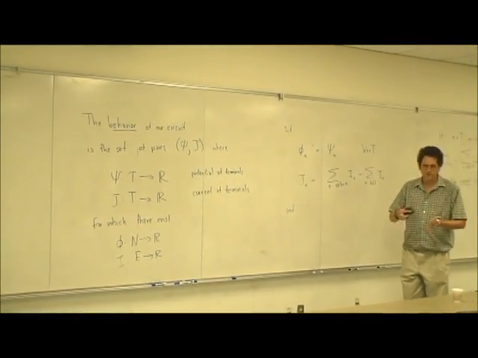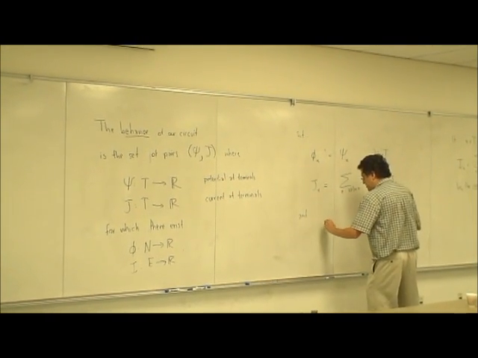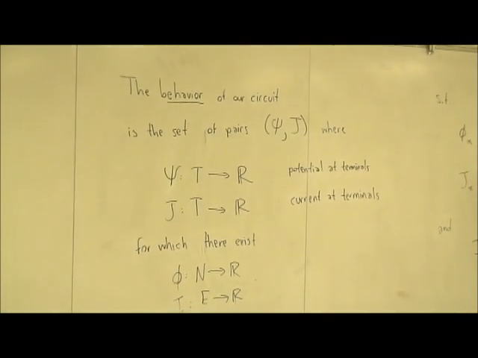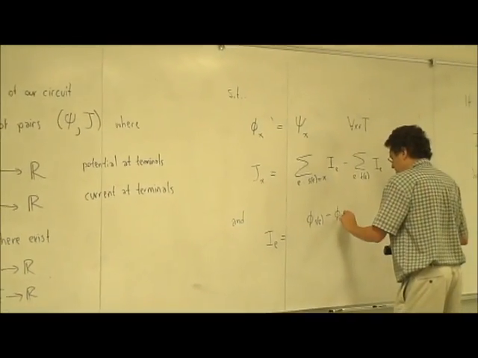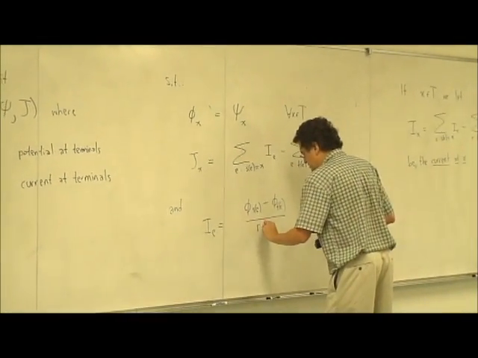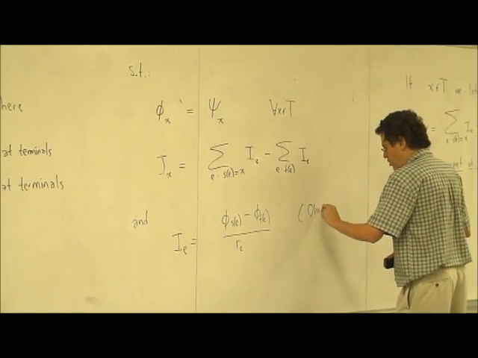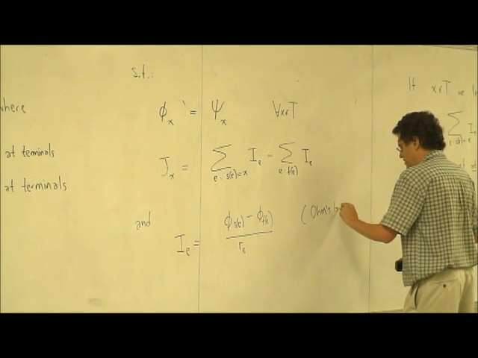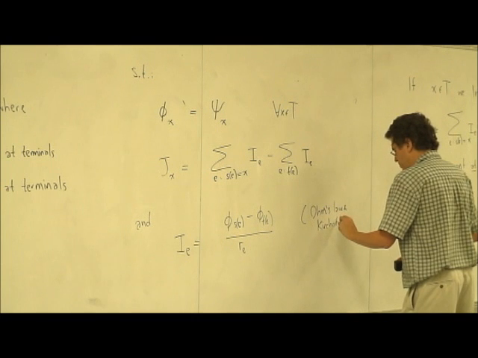I want the currents and the potentials to be related by Ohm's law. So we want the current along each edge to be the change in potential along that edge divided by the resistance along that edge. Right? So this is sort of a combo of Ohm's law, Kirchhoff's voltage law, a consequence of both of those.